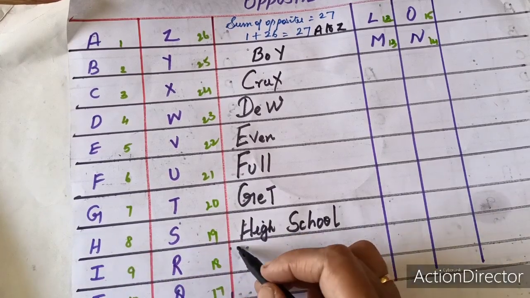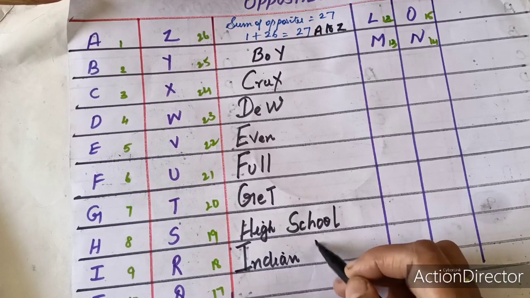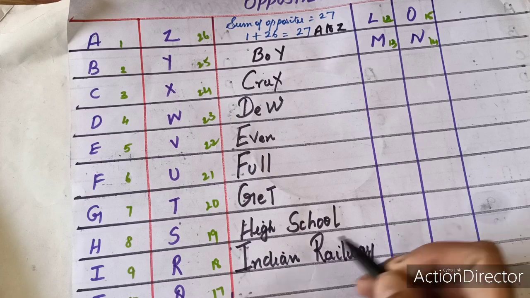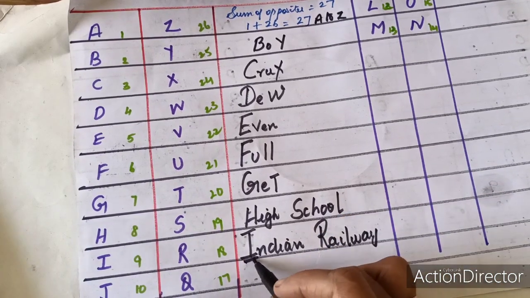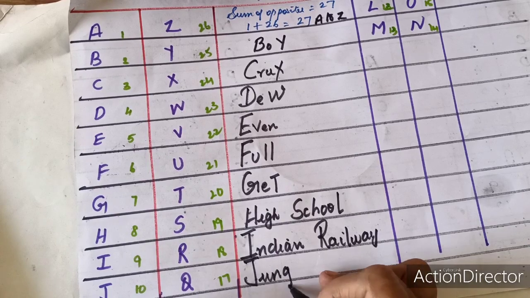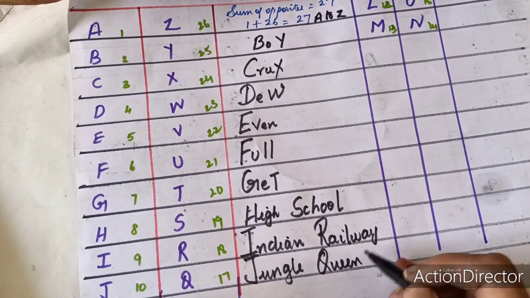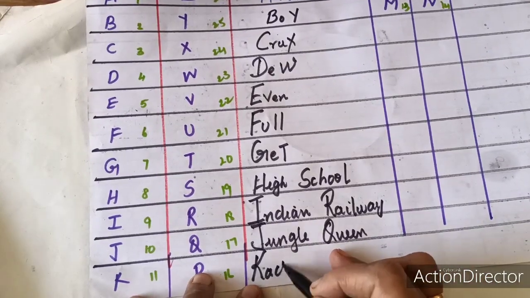I and R, Indian Railway. J and Q, Jungle Queen. K and P, Kacha Papat.